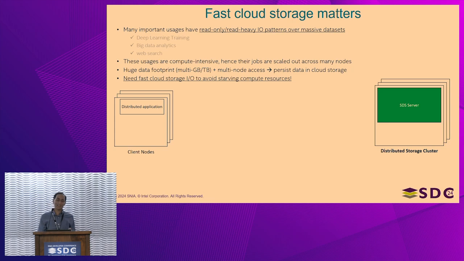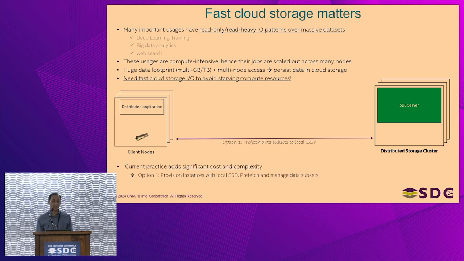The worst thing that you'd want to have happen is your expensive compute resource is starved, waiting on data coming from a slow cloud storage service, right? And so today, the way folks deal with this is you prefetch the data subsets to local SSDs on the compute instance where your job is running.